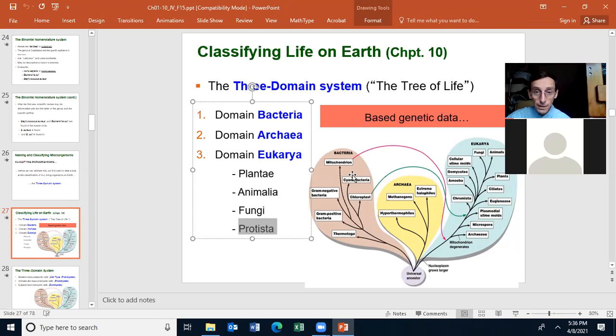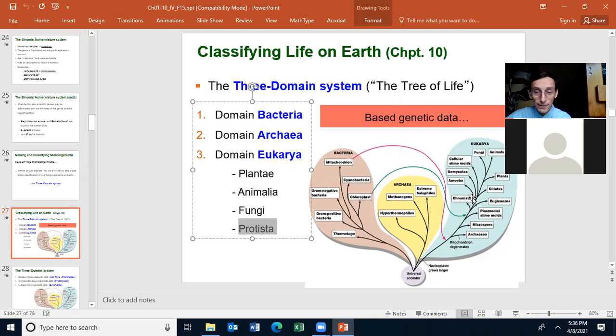The bacteria, generally speaking, only have 1 kingdom, so it's given the same name as the domain, bacteria. The same with archaea. It only has 1 kingdom, so the domain archaea also has a kingdom archaea. And then the domain eukarya has 4 kingdoms: the plants, the animals, the fungi, and the protista.